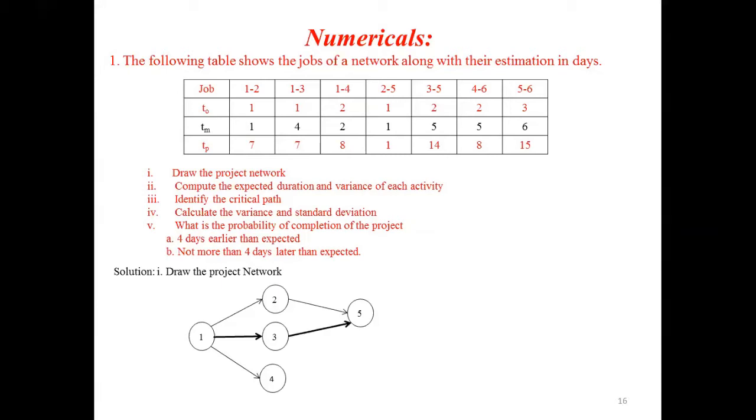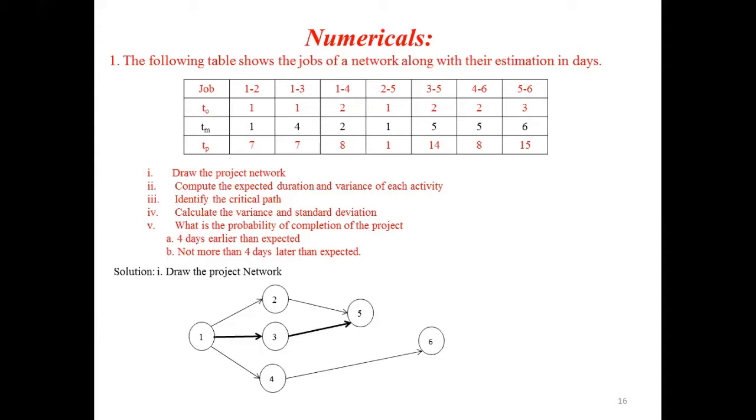Then there is an activity between 4 and 6 in the given question, and also there is an activity between 5 and 6, and then node 6 you have to represent in front of 4 as well as in front of 5. You have to draw an arrow mark that completes the 4 and 6 activity.